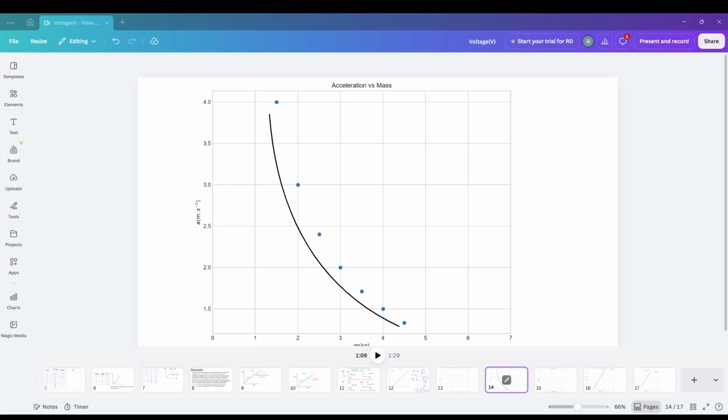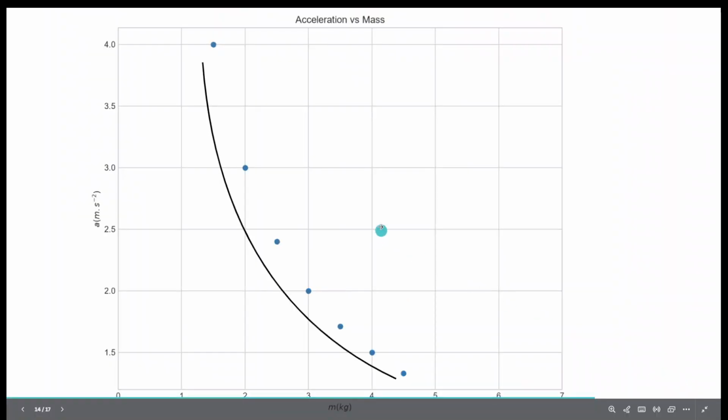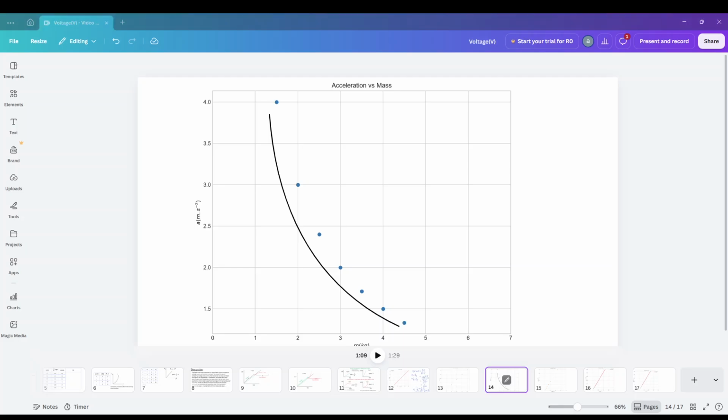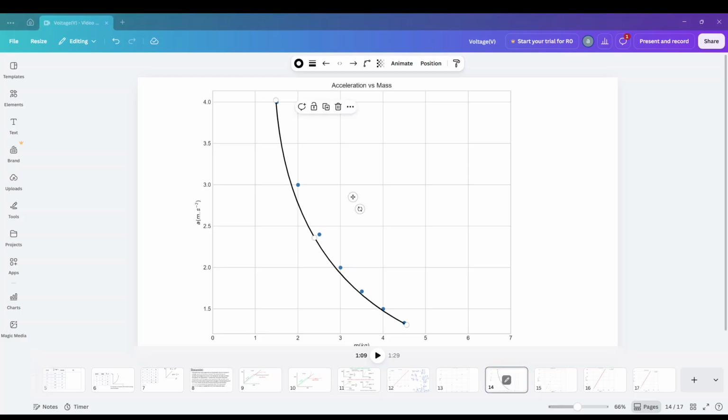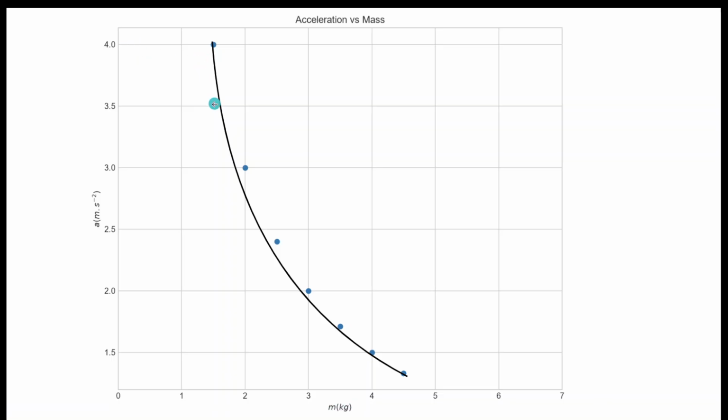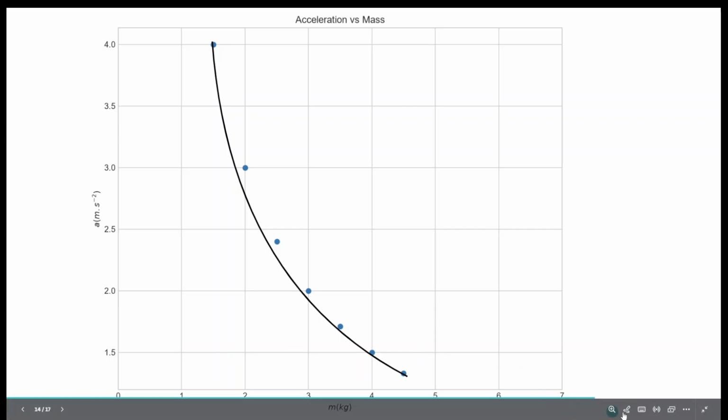So this would be your scatter plot here. So you will have this is the line of best fit. Let me just fix this line a bit. There we go. You would just draw the line of best fit for your data, and you can see that the acceleration decreases as the mass increases.